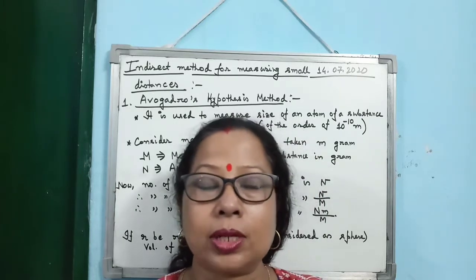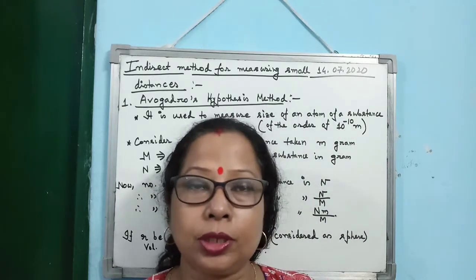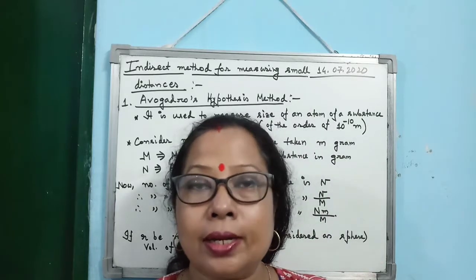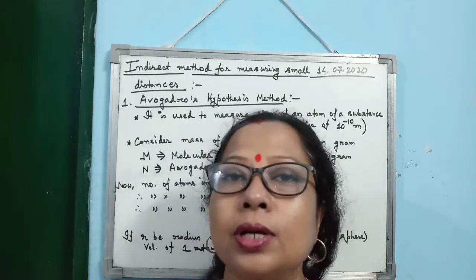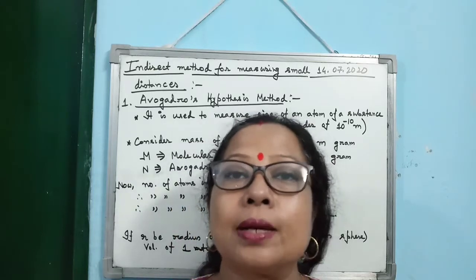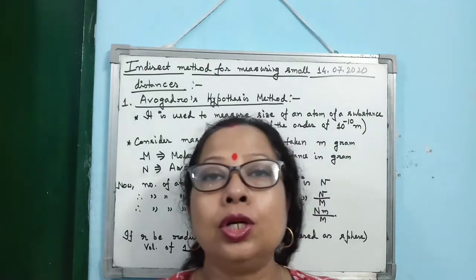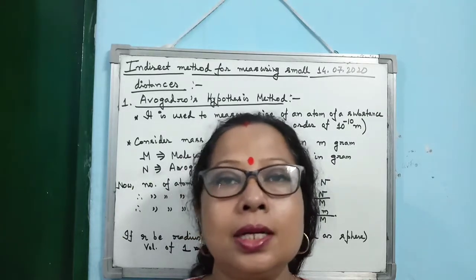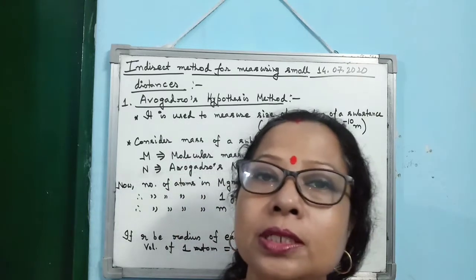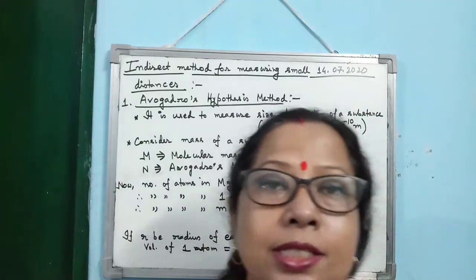Capital N is known as the Avogadro number and its value is 6.023 into 10 to the power 23. Second, according to the hypothesis, the volume of the atoms within a substance is equal to 2/3 of the total volume of the substance. Meaning 2/3 of the total volume of the substance is occupied by the atoms present in it.